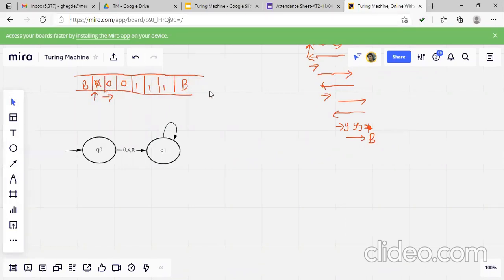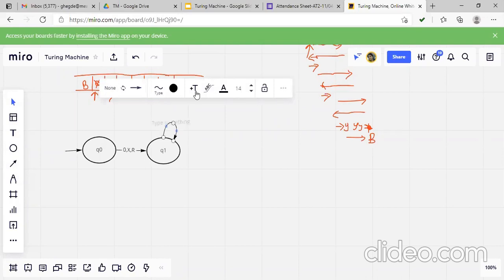Theek hai, any number of zeros matlab I can have 10 zeros here, right? 11 zeros followed by 11 ones. To first zero ko maine x kiya, uske baad I can read 10 zeros, uske baad mujhe 1 aayega. All those 10 zeros should be kept as it is, right? Iske liye hamein kya likhna hai yahan pe? I'm reading a 0, keep it as it is and just move right.